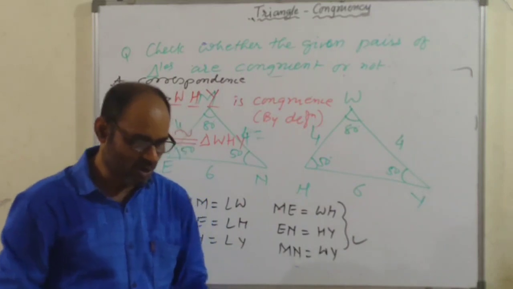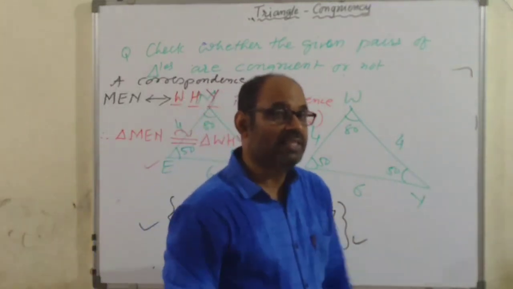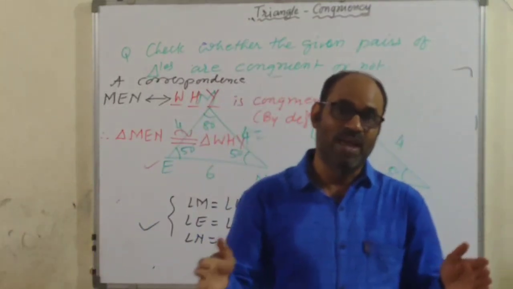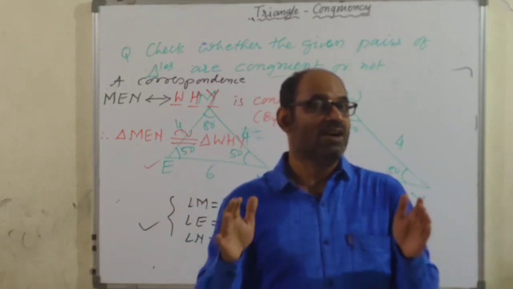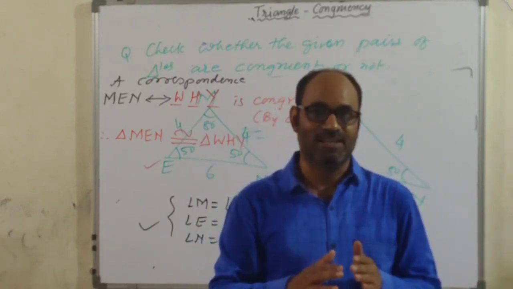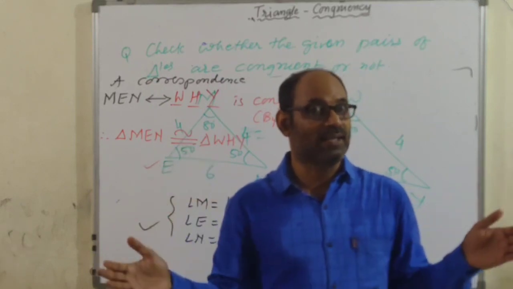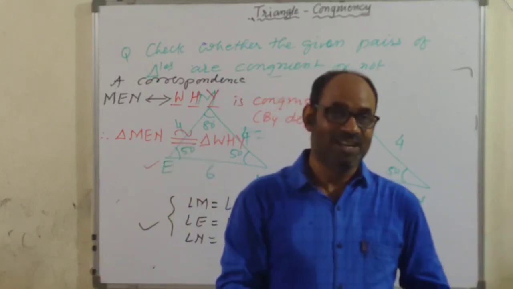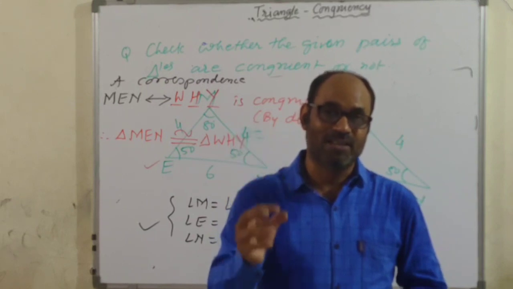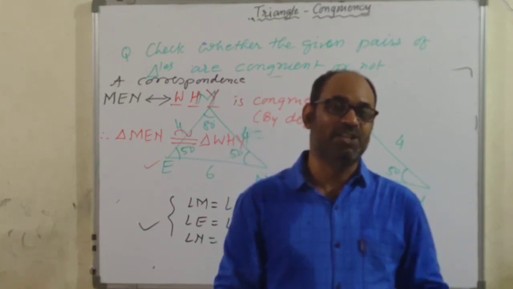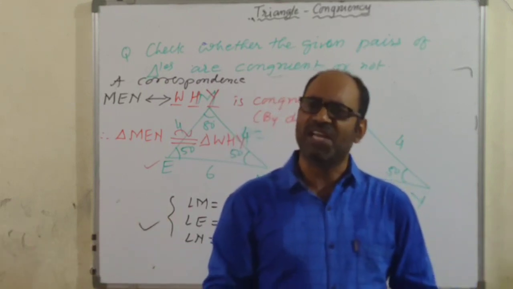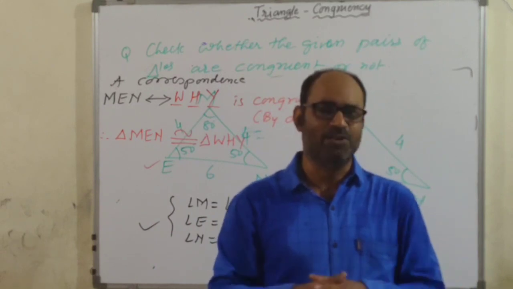They coincide. Okay, children. Now we have seen a few examples where we use the definition of congruency of triangles and proved whether two triangles are congruent or not. Children, proving two triangles are congruent using the definition is laborious work. It's very lengthy. It is time consuming.